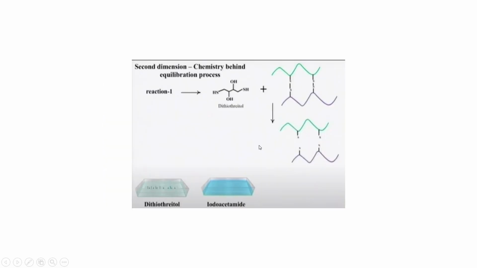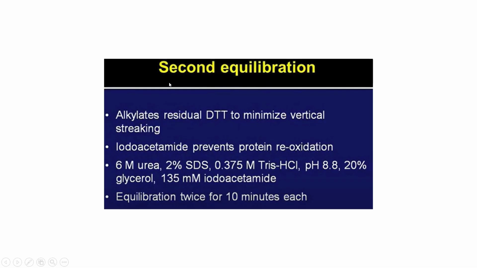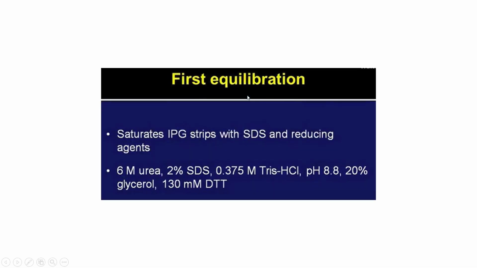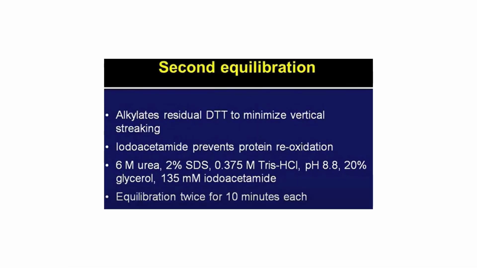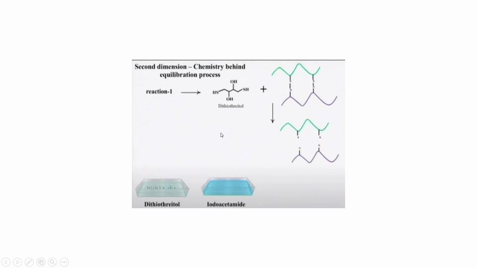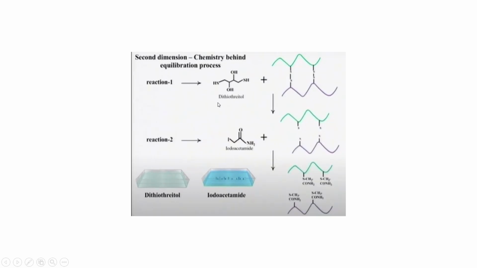What they exactly do is, this is the first reaction in terms of second equilibration. First is SDS, which gives negative charge. Then alkylating and reducing agent, what do they do? When you add the reducing agents, it breaks the disulfide bond. If you see, initially the protein was a polypeptide chain. By removing these disulfide bonds, it got broken. Here it got denatured.